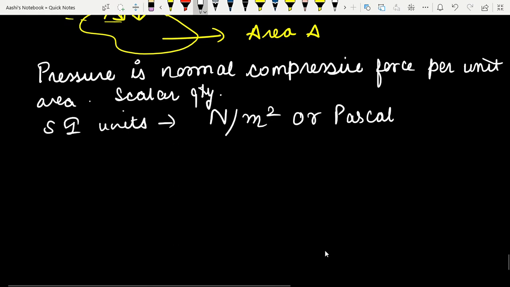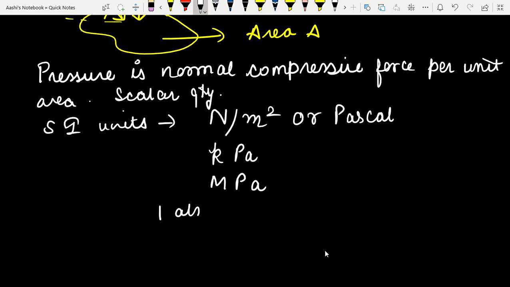Another unit for pressure could be, because Pascal is a very small unit, sometimes we use kilopascal, megapascal. Then one more important unit that is called 1 atm. So 1 atm is nothing but 1 atmospheric pressure.